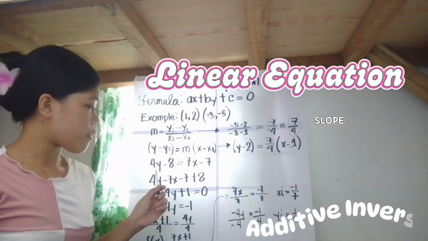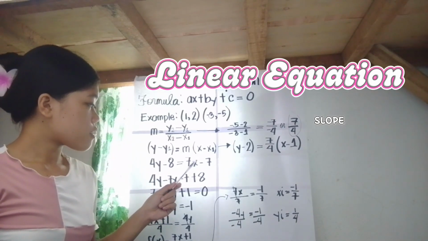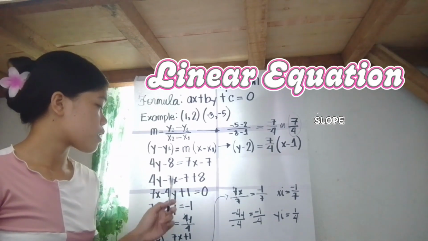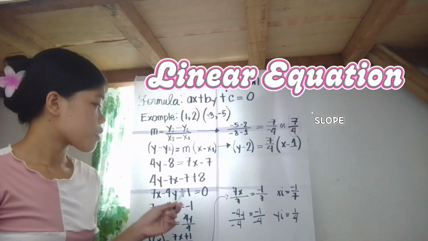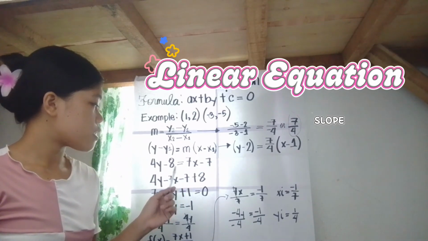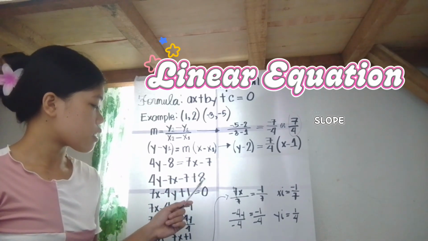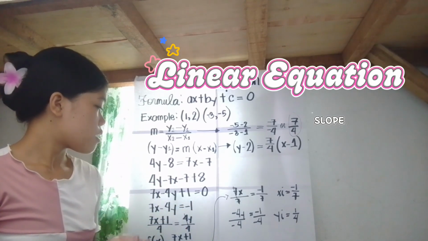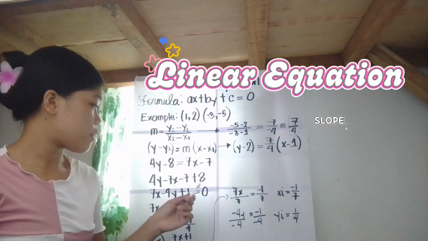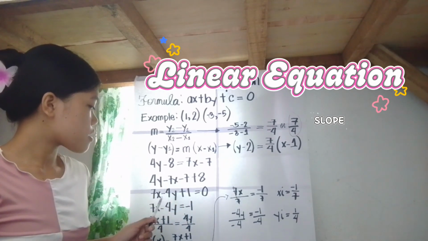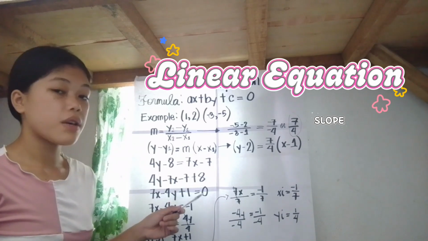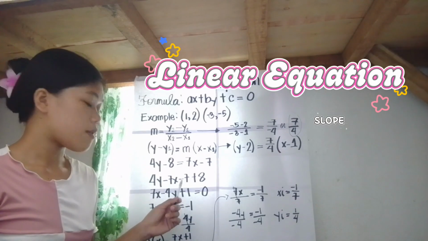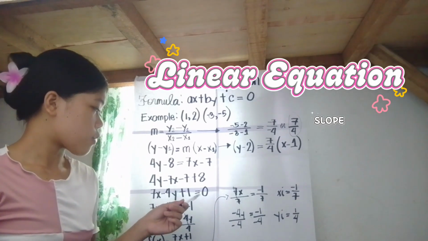Copy the 4y here, then transfer the 7x here, so the positive 7x will become a negative 7x. Copy the negative 7, then put the 8 here, so the negative 8 will become positive 8. So we have 7x minus 4y plus 1, because negative 7 plus 8 is positive 1, is equal to 0.